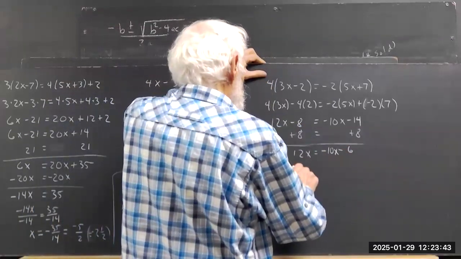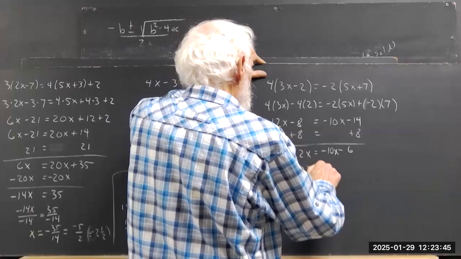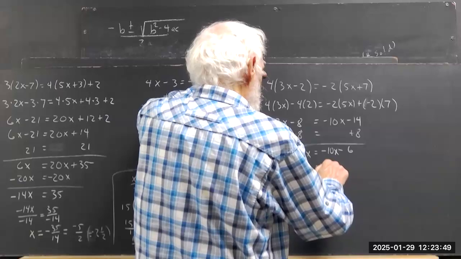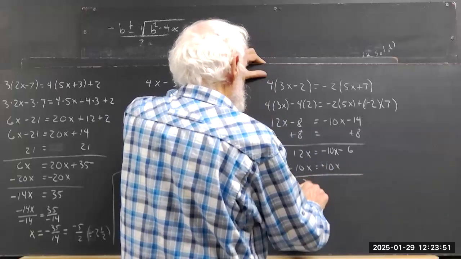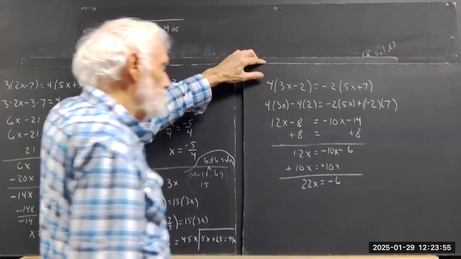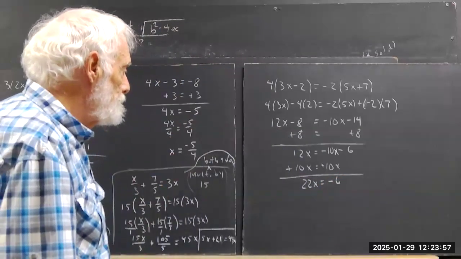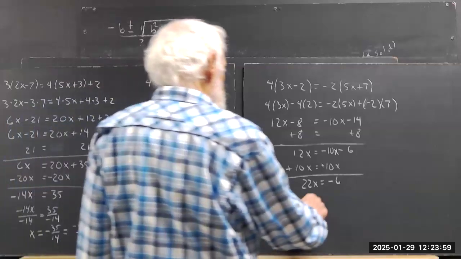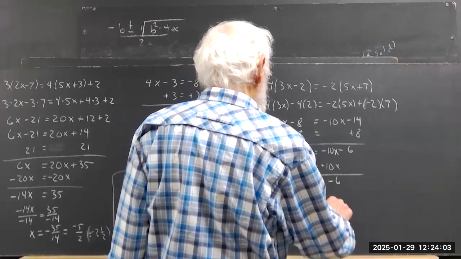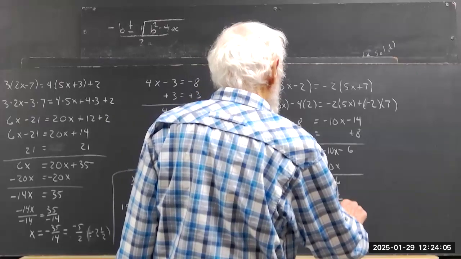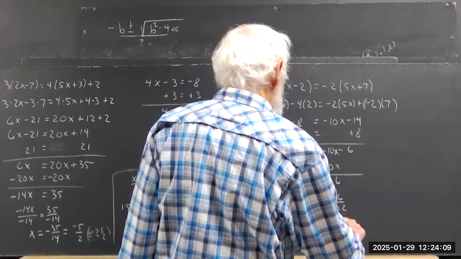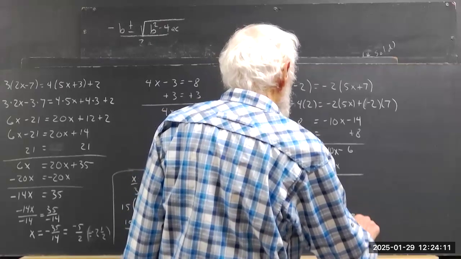Then we're going to add 10x to both sides. That'll give us 22x equals negative 6. And then we're going to divide both sides by 22. Then we get x equals negative 6 over 22, which is negative 3 over 11.